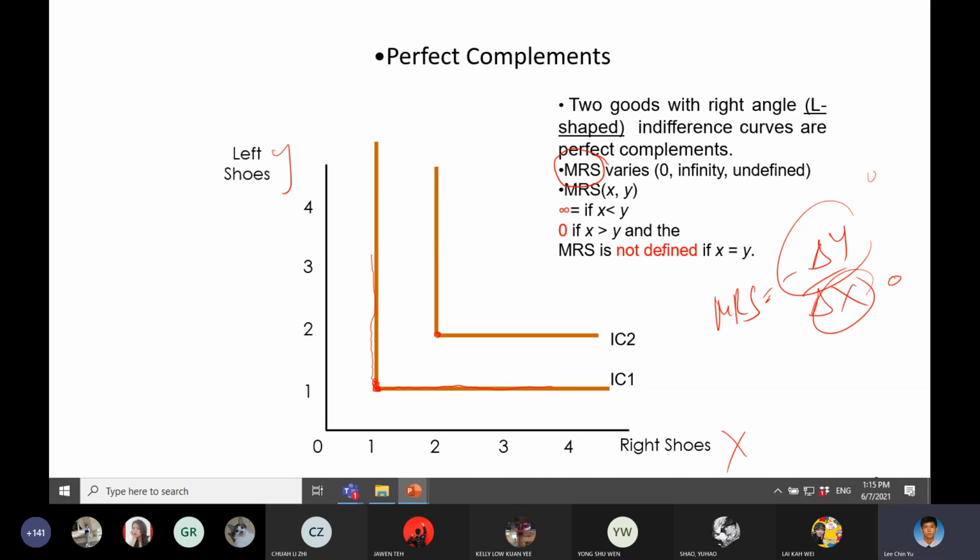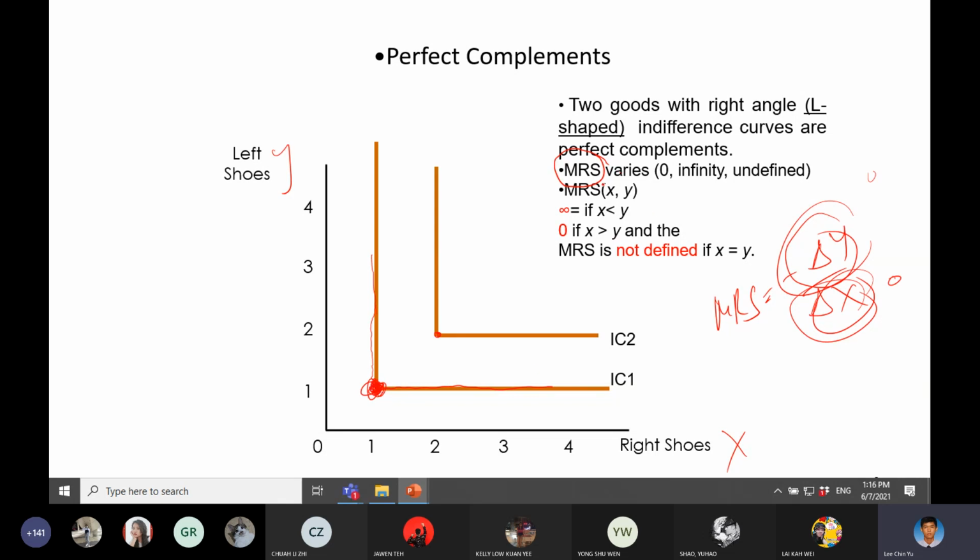What if you are using x equal to y, let's say 1 and 1? Can you calculate the marginal rate of substitution? We cannot calculate it, because MRS measures the change, and here there is no change; we use them in a fixed proportion. Based on the formula for MRS, we cannot calculate it, because we must have a change.